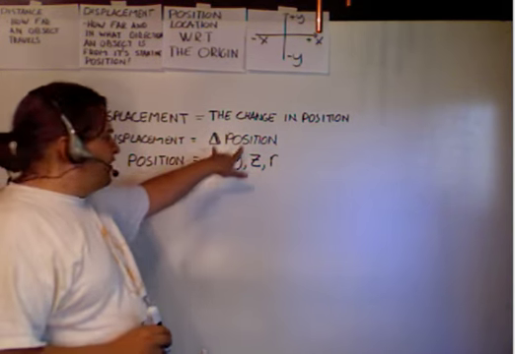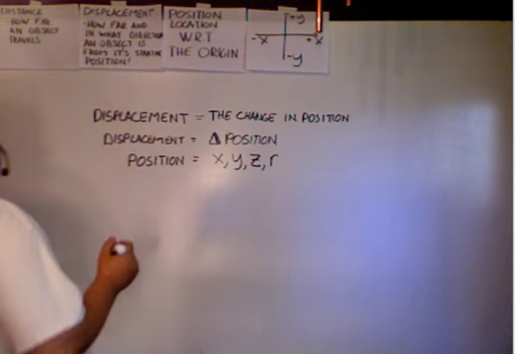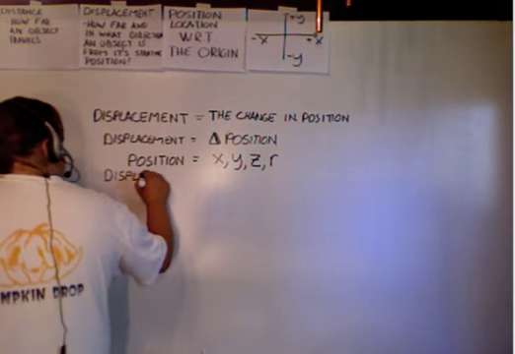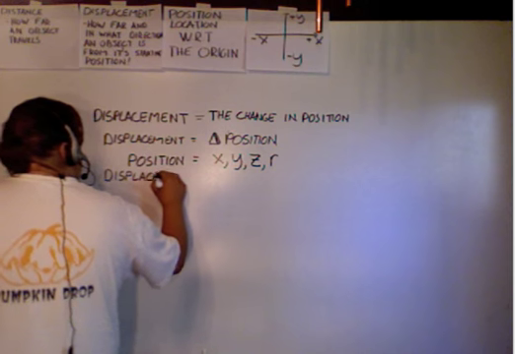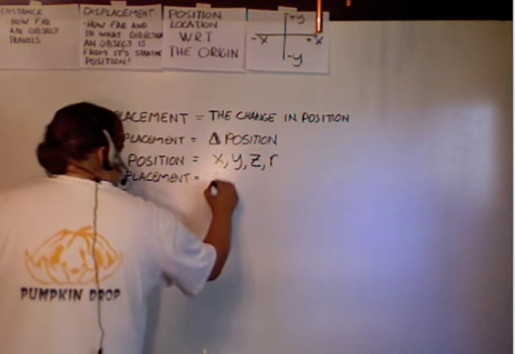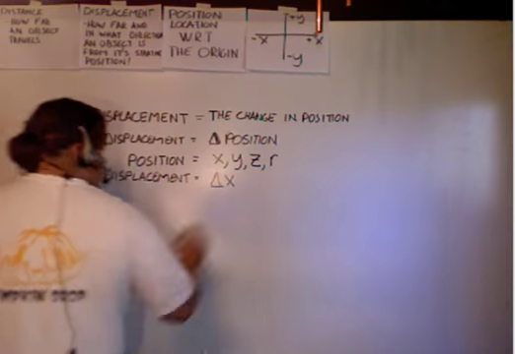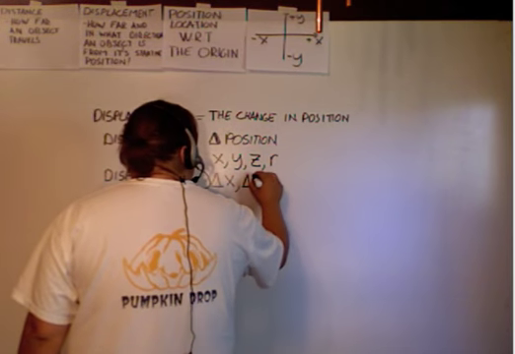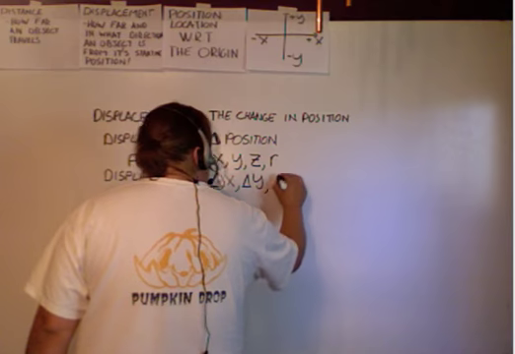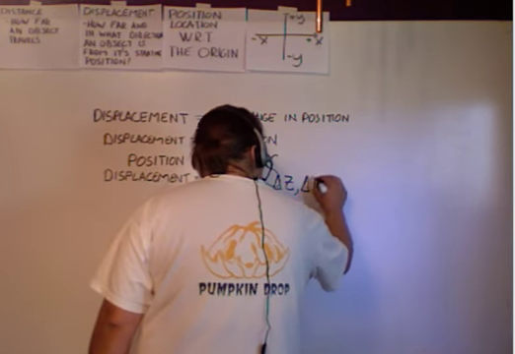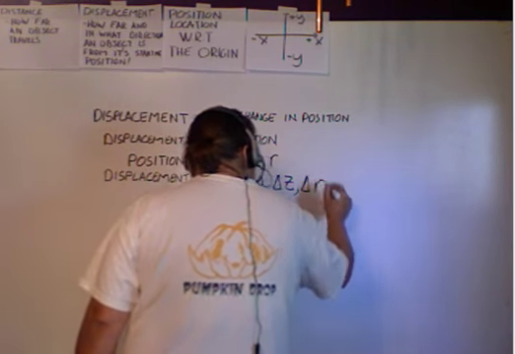So if we want to take this one step further, we can say that the displacement is equal to the change in X, or the change in Y, or the change in Z, or the change in R.